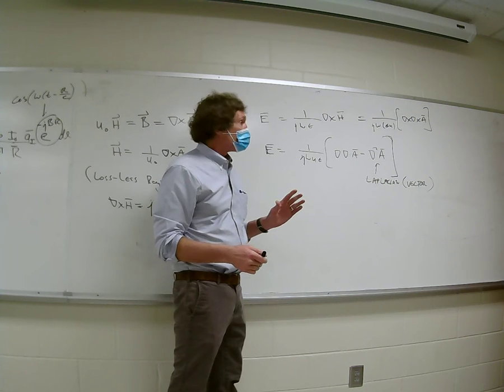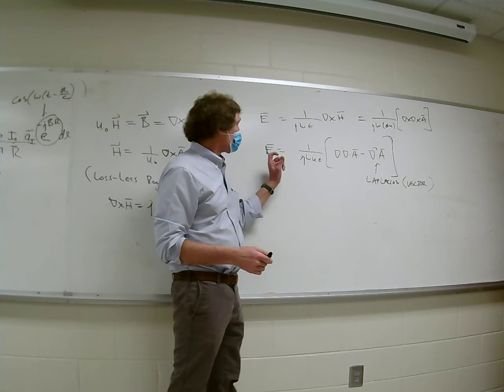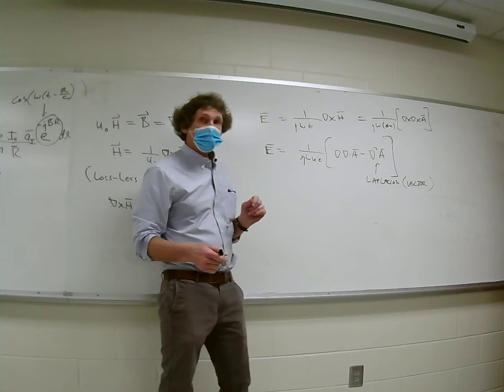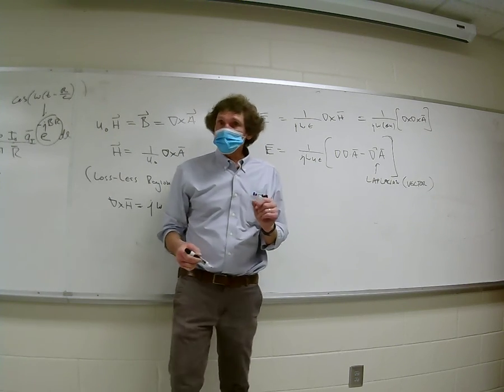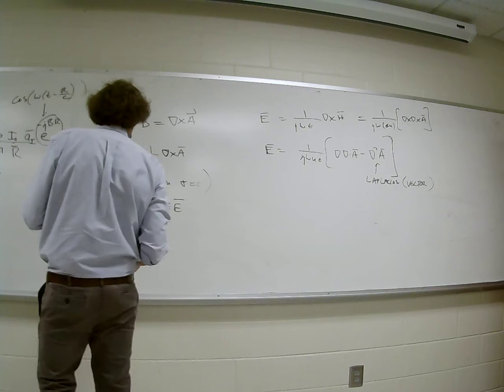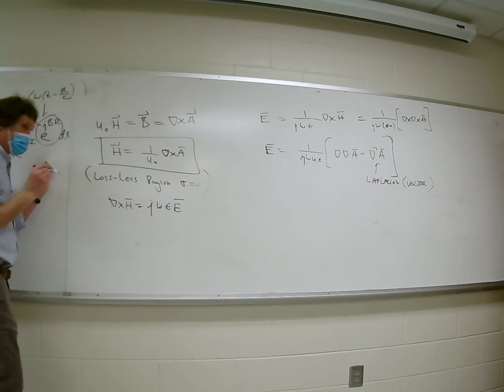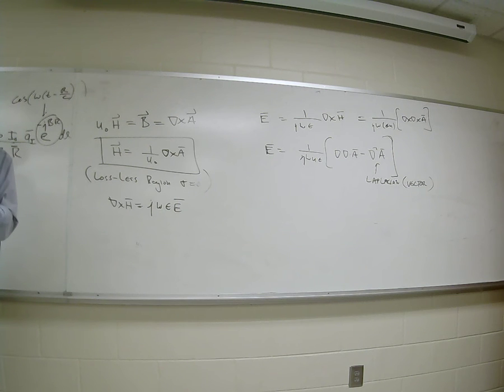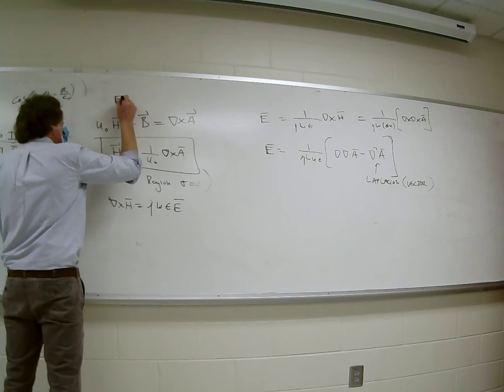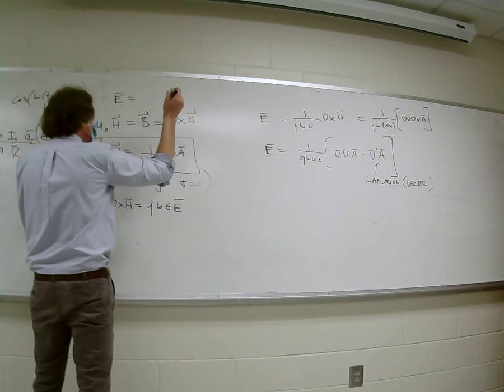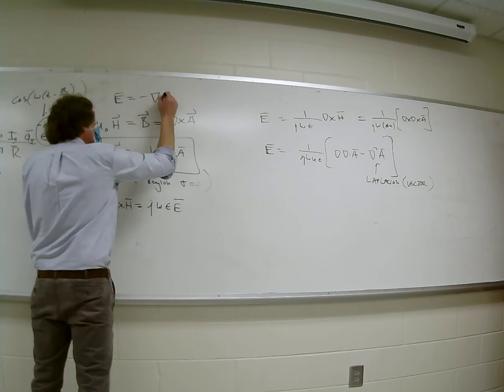Now, here's the thing. When I look at this, I got E here. But here's what E is actually equal to. Remember I said that H, these are the two coupling equations, is equal to that. Remember that in terms of A? E itself is actually equal to minus the gradient of the voltage.